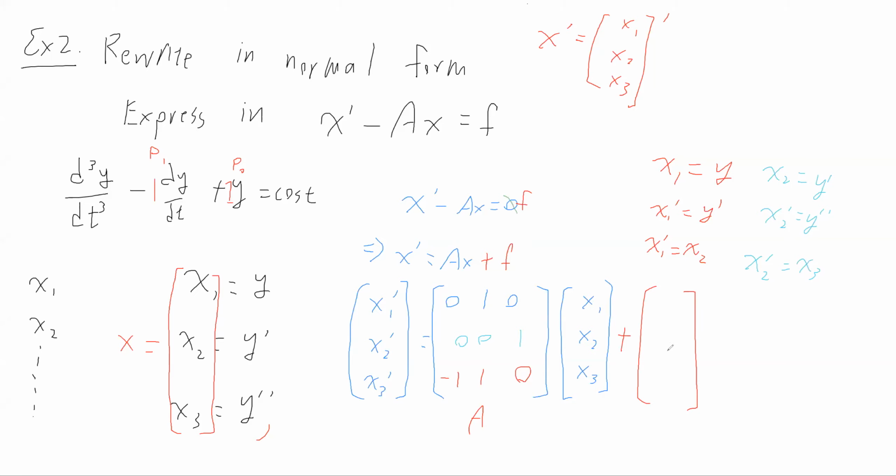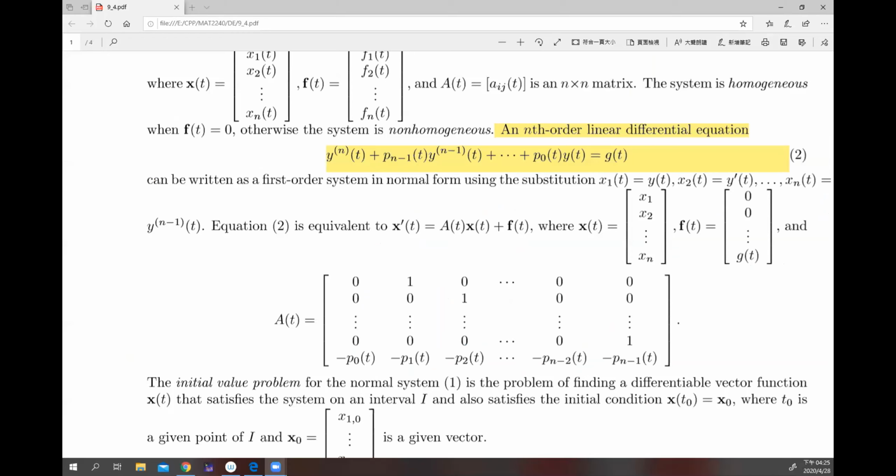All right, so let's go back to the notes again. If you look at this part, it actually tells you what f is, right? F is going to be the vector of all zeros, and the very last entry is going to be g of t. What is g of t? Right here, g of t is the function that makes the differential equation non-homogeneous, right? So in our case, what is our g of t?